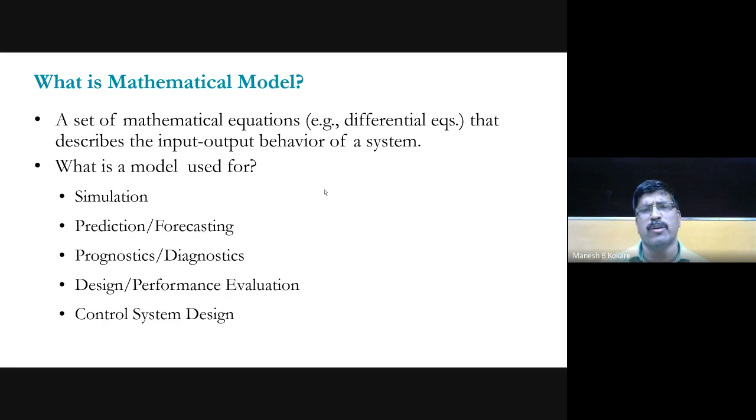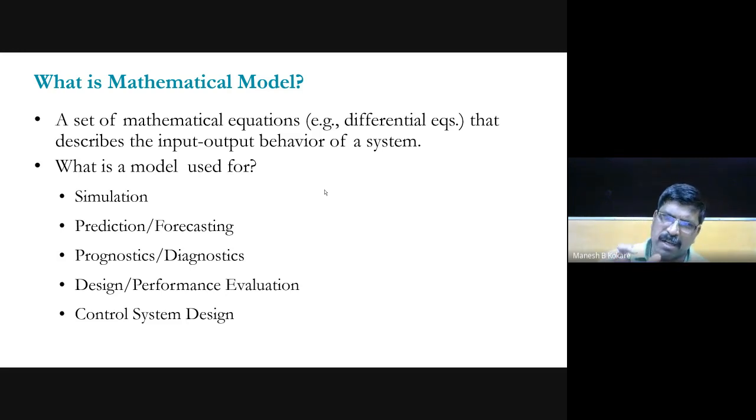Or if you know the value of current and resistance, you can easily calculate the voltage. This is because you have used the existing laws which are available. So for that resistance, you have developed that model, and that model is given by V is equal to I into R by using Ohm's law.